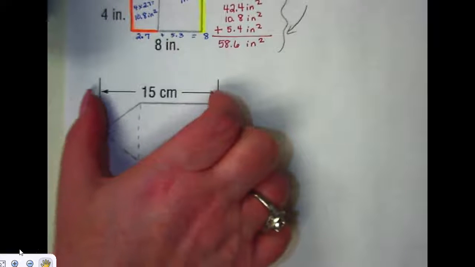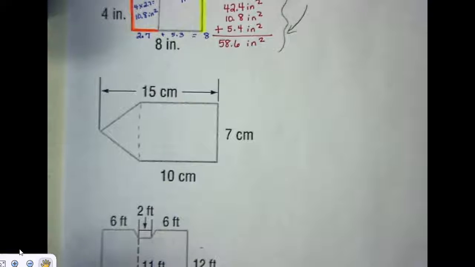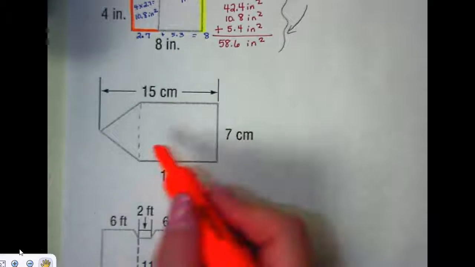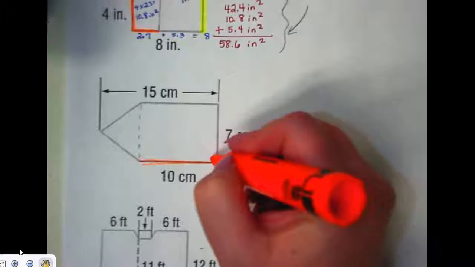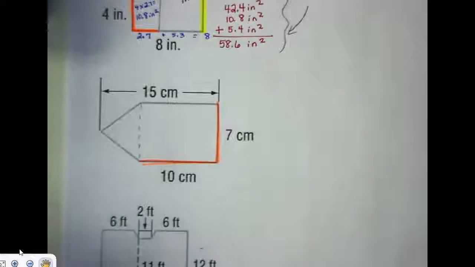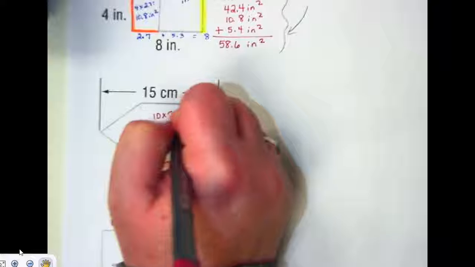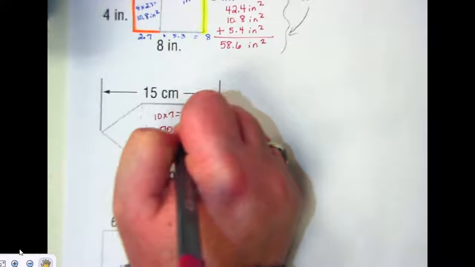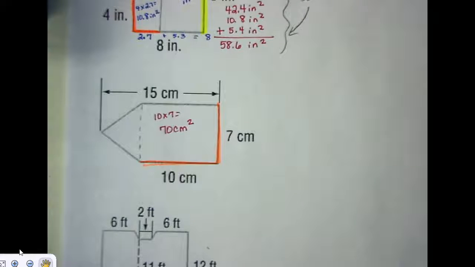So this height right here is the whole rectangle. I'm not sure I agree with the 15. Anybody else? Did you say the 15 or no? Oh, what did you say? The 10 and 7. I'm sorry. That is exactly right. The 10 times 7. I'm sorry, Talon. 10 times 7 equals 70 centimeters squared.